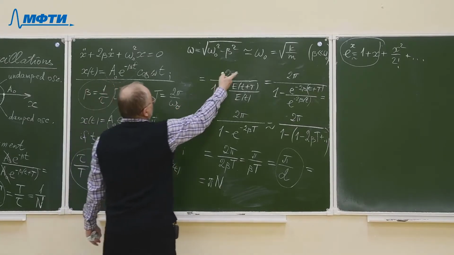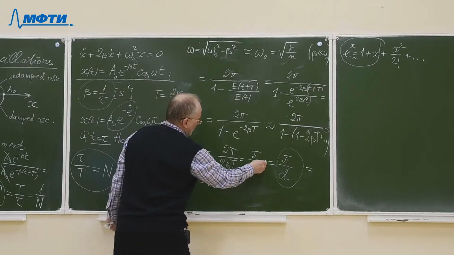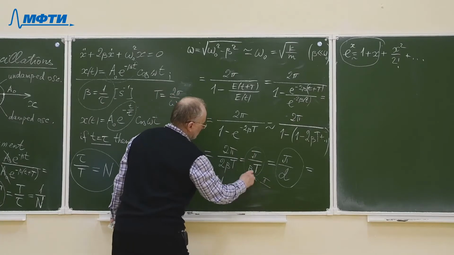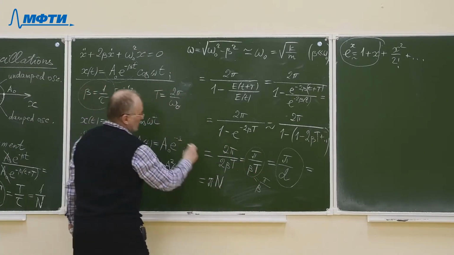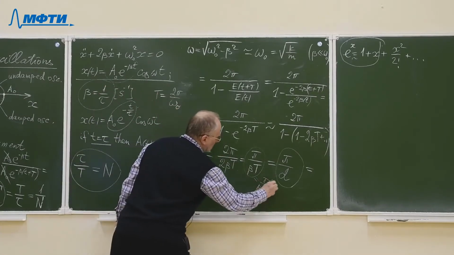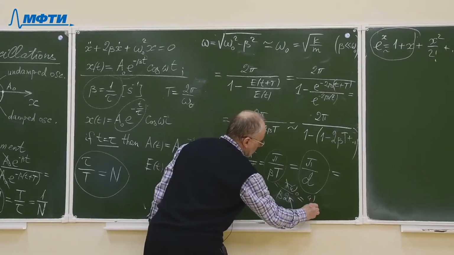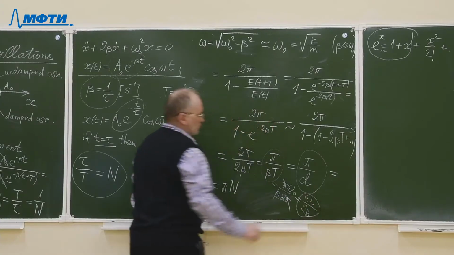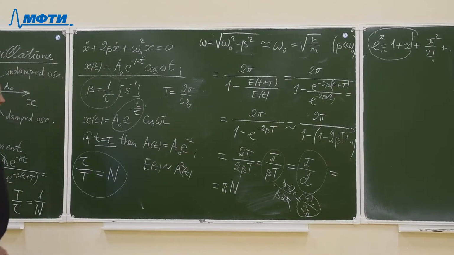And here I will use this formula and write it down as pi divided by beta. And instead of the oscillation period, I will write 2 pi divided by omega 0. So omega 0 will go to the denominator and pi will cancel, and I will obtain omega 0 divided by 2 beta. This is another way to present the Q factor, the quality factor.